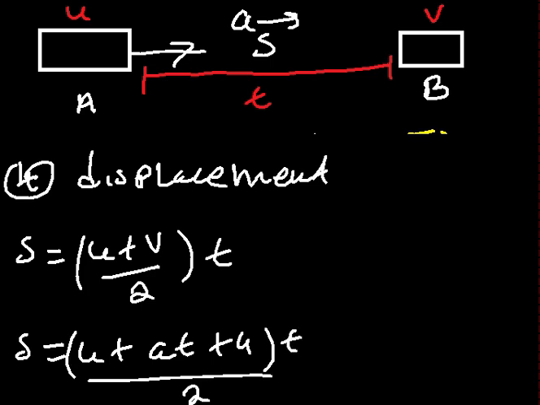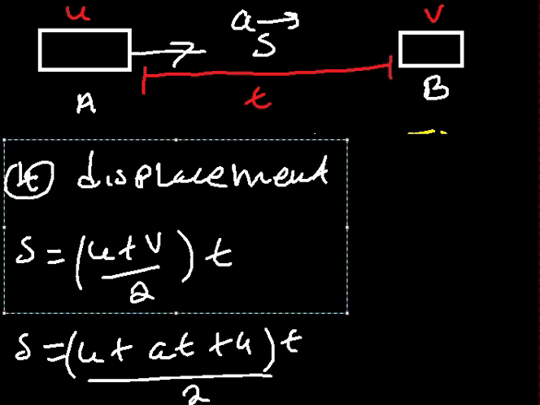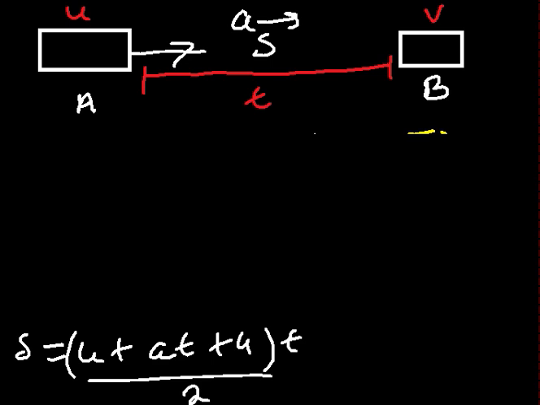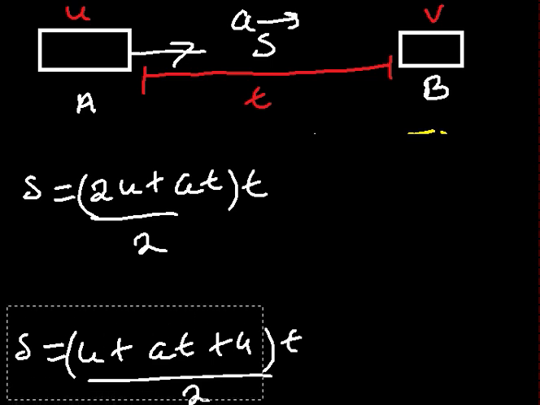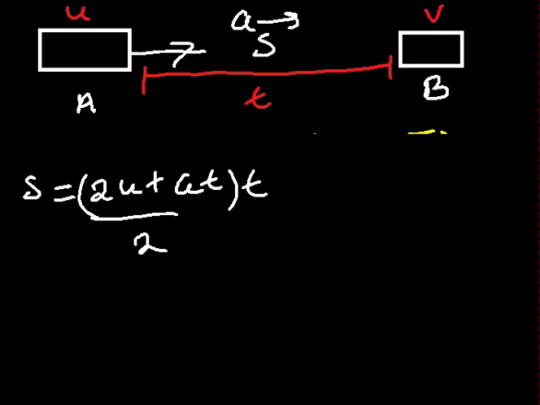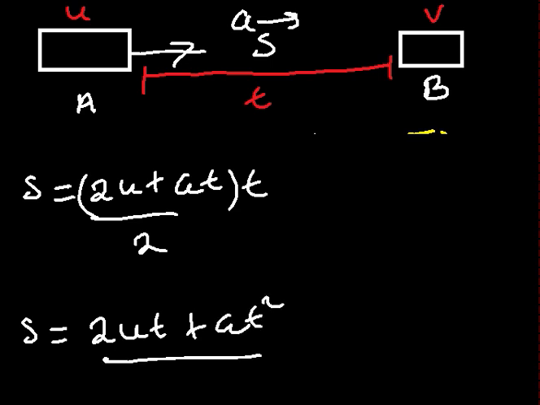These are like terms, so we'll have 2u plus at, divided by 2, times t. Then we distribute the t, and that gives s equal to 2ut plus at squared, divided by 2.